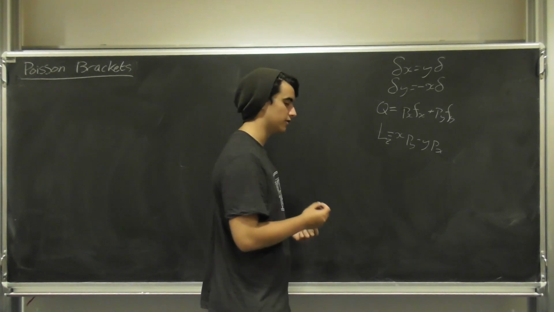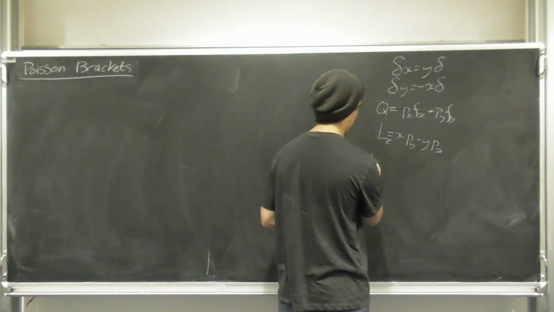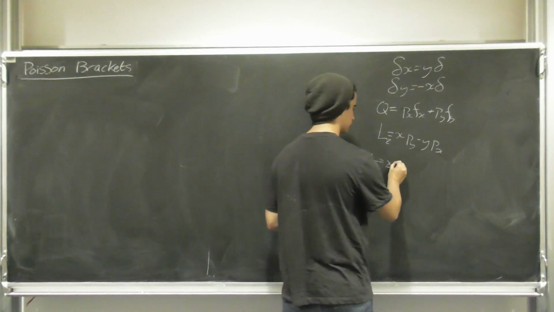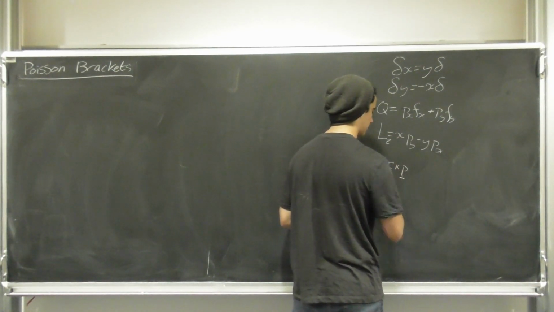So very quickly, we can say that the vector L is equal to the position vector r cross with the momentum vector.